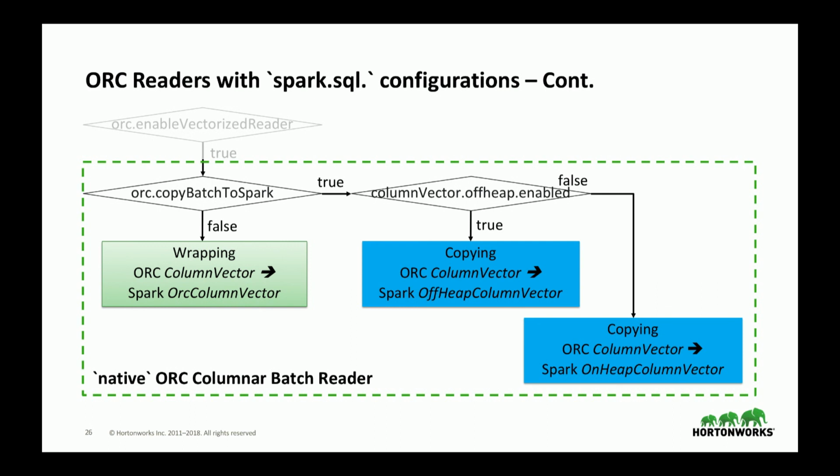The wrapping approach does not cause a memory copy, but it causes a lot of operations. And also, we can try copying the ORC column vector into a Spark column vector. But the Spark column vector has 2 options: one is the off-heap column vector, and the other is the on-heap column vector. So that is controlled by that kind of option. The green one is the default one.